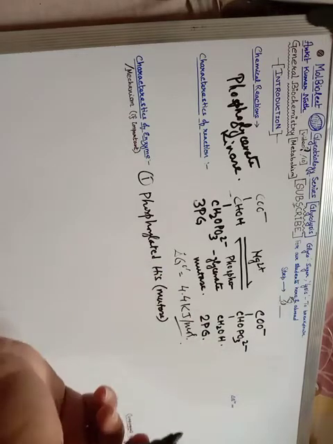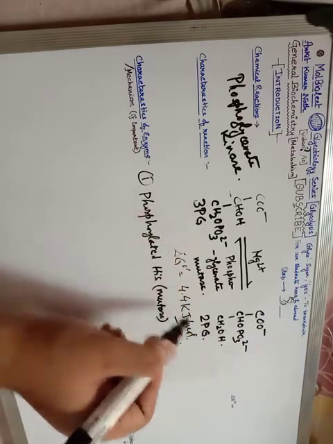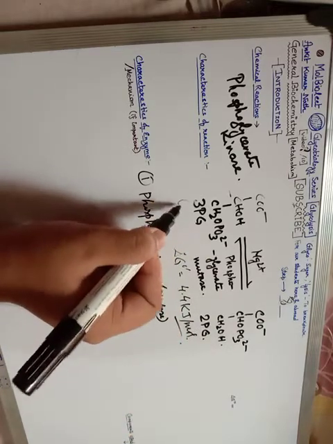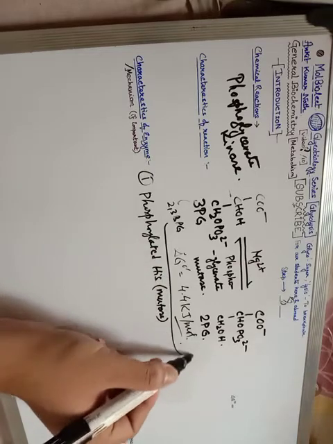So this 2,3-BPG is actually an intermediary that is formed. This 3PG does not directly convert to 2PG, but first forms 2,3-BPG, and from that 2,3-BPG we get the 2PG.